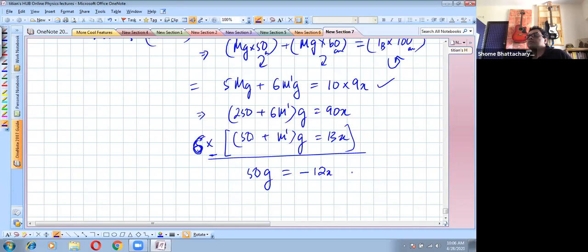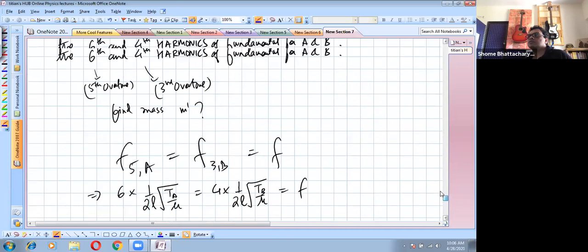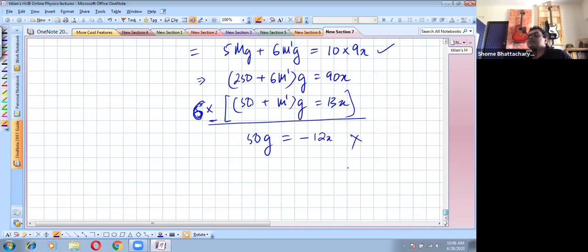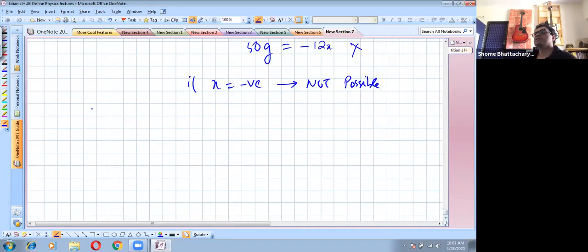Okay, so that means this is not possible. So let us change something in the question so that this becomes possible. So I'm changing d. Basically, the negative x is showing that if x is negative, it is not possible. So that means it's not possible to have this equation for the given distance d, no matter how much mass m prime we attach. So let's change the value of d.